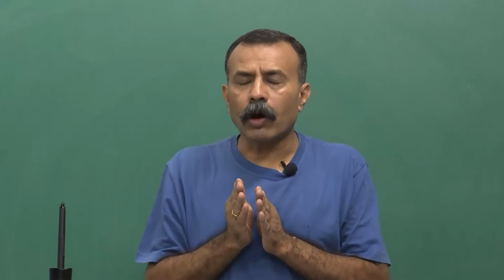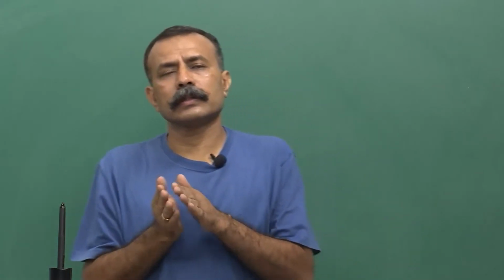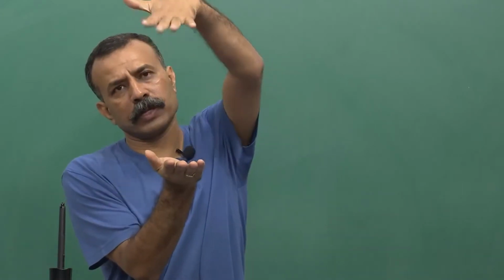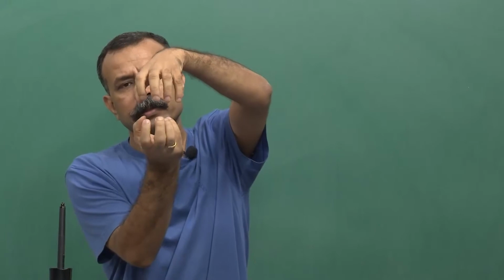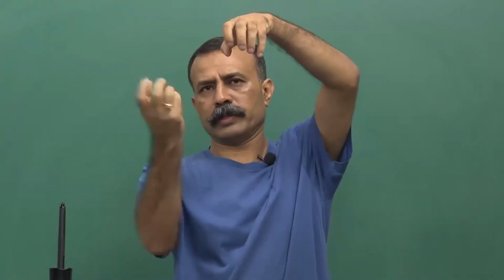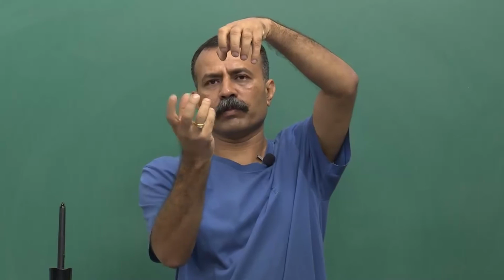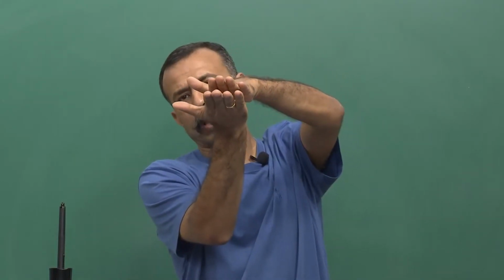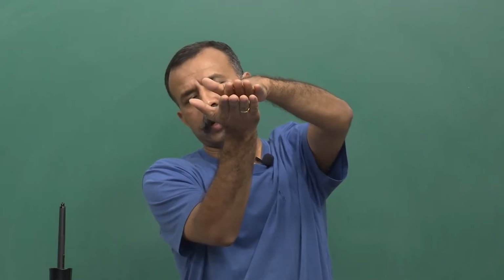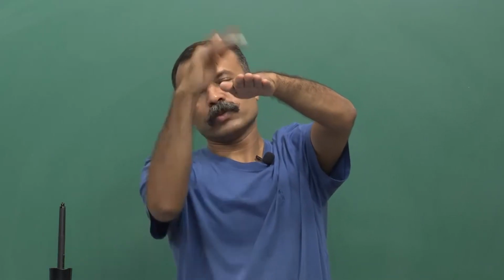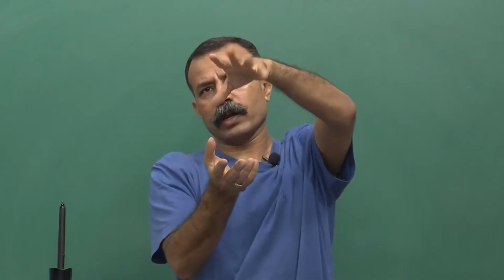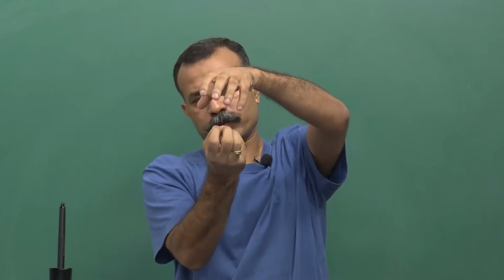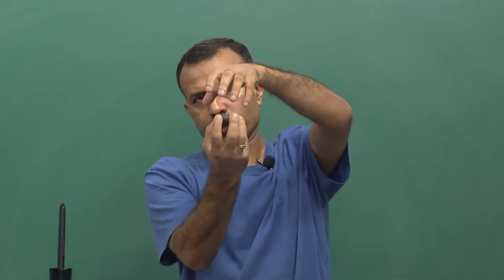But what is important is that at these synapses where the neurotransmitters are released, if this is the presynaptic terminal and this is the postsynaptic terminal, this hand, the one which I am waving now, is the postsynaptic terminal and this is the presynaptic terminal. They are in close opposition, very close, not in contact but very close to each other. So if this one secretes neurotransmitters, this one, the post one, receives the neurotransmitter.